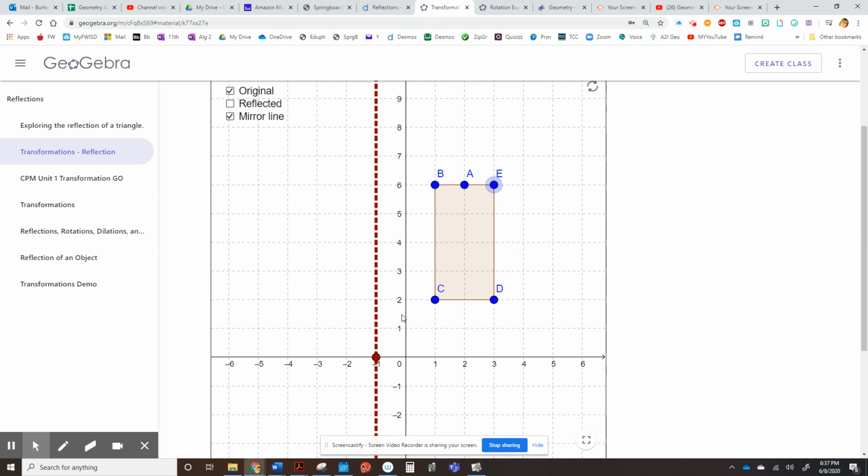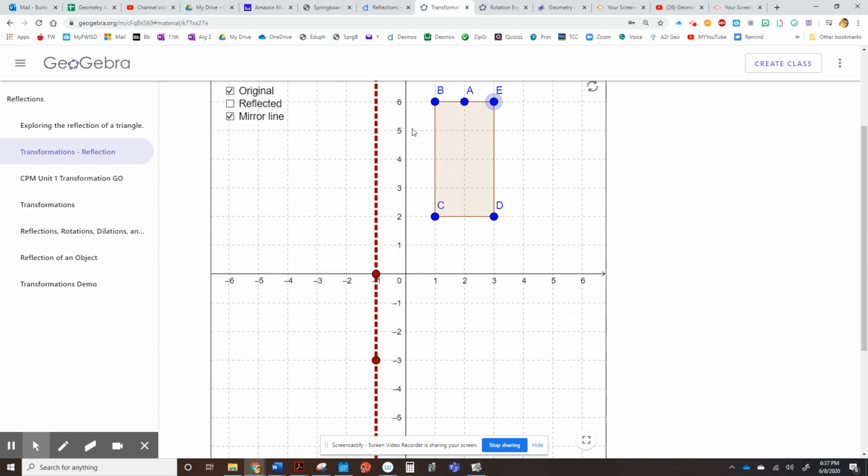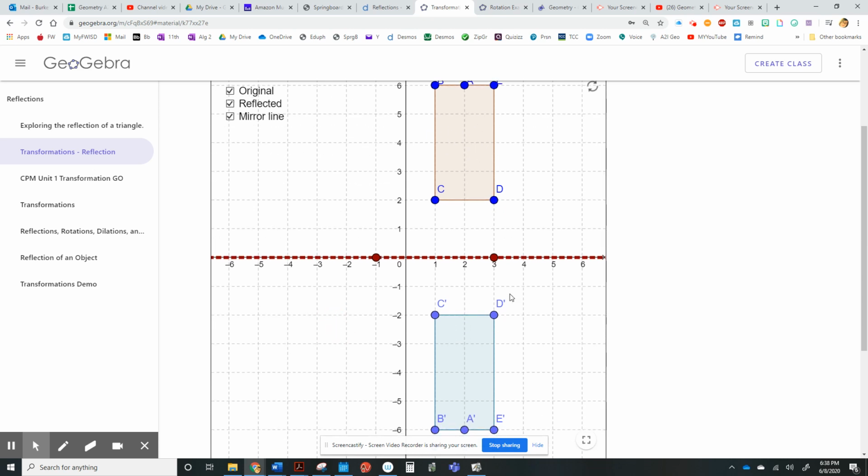But anyway, I'm using too much time. You get the idea. You can also move this line, okay? And once you get this line moved, you can then click the reflection, and this shape, the original, will reflect over that line and show you where the new coordinates are.